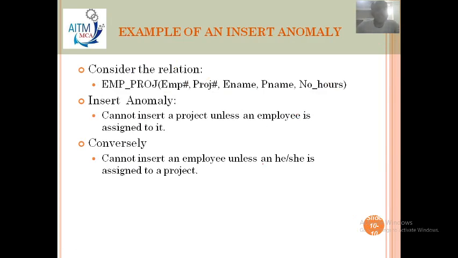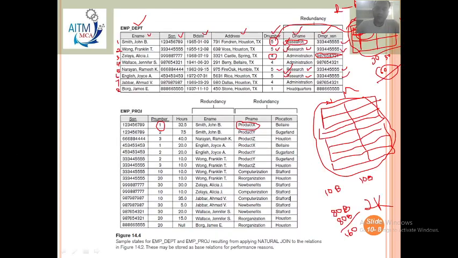So, you cannot insert an employee unless he or she is assigned to a project. Here, an employee must have a project. If you have a combined table, it is not compulsory that he must work for a project. The project will come later, but we'll have an employee first.